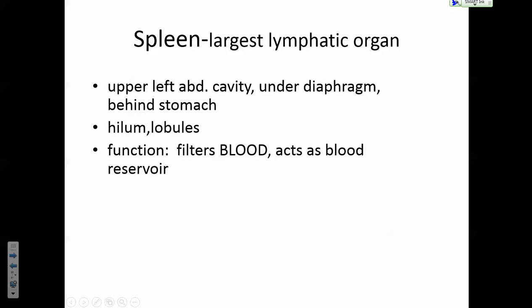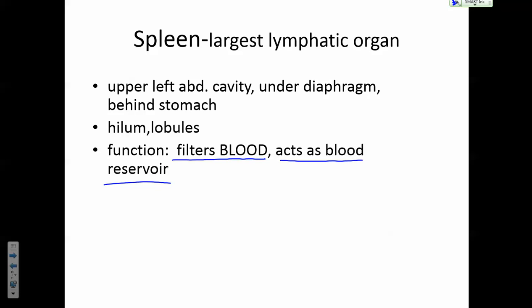So the spleen does for the blood what a lymph node does for the lymph. Okay? So that's one of its functions, is that it filters blood. But as the blood passes through the spleen, it can sit there for a while because it's got spaces that can hang on to the blood. So that's why we say it acts also as a blood reservoir.